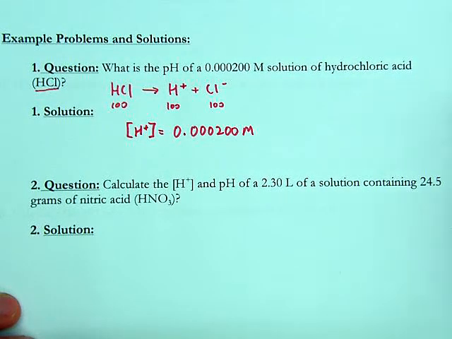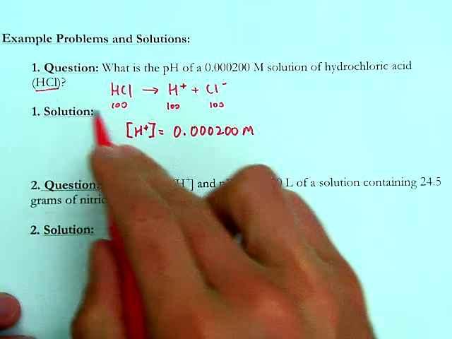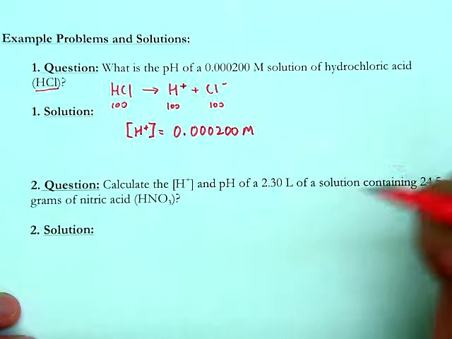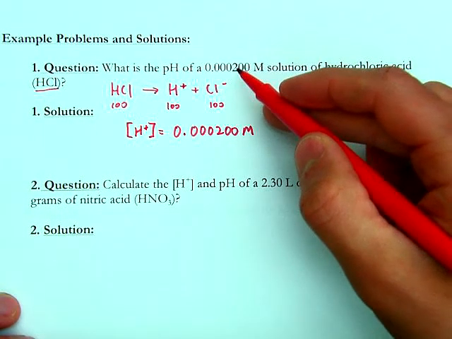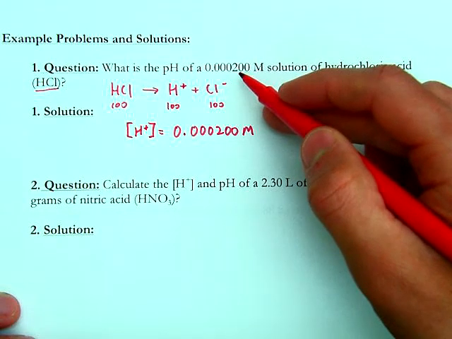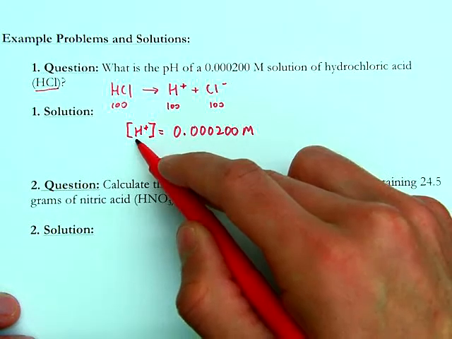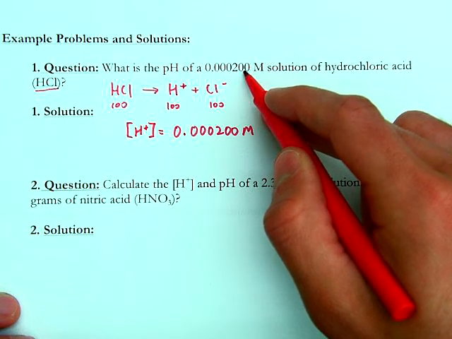Now, if this was a weak acid, that means it would only partially go to ions, some percent would go to ions, and then our concentration of H would be that percent of whatever our starting molarity is. But this is a strong acid, so our concentration of H is the same as the concentration of our HCl.